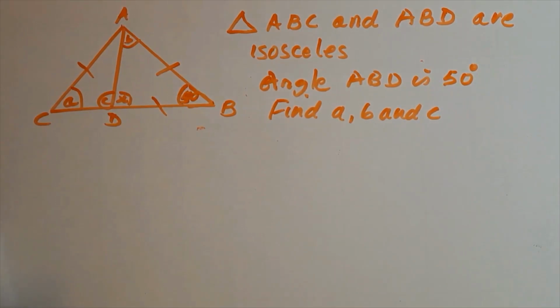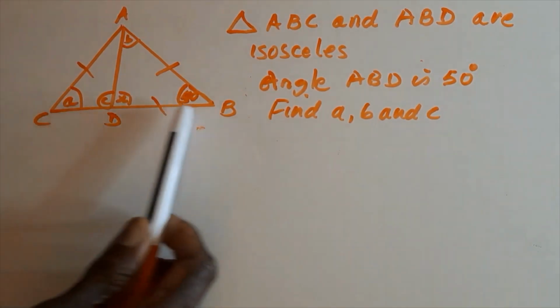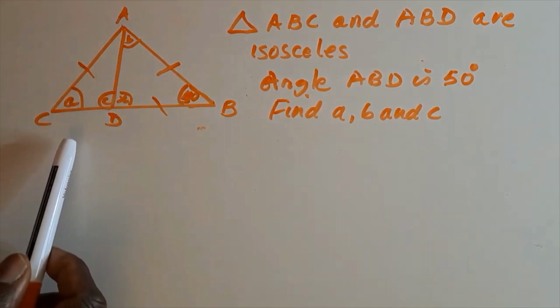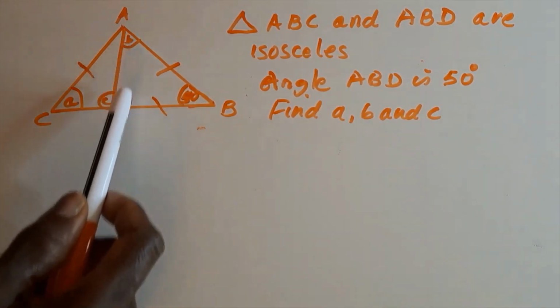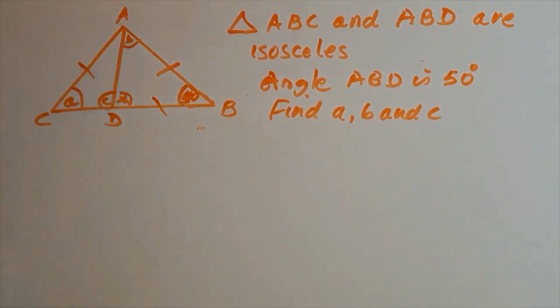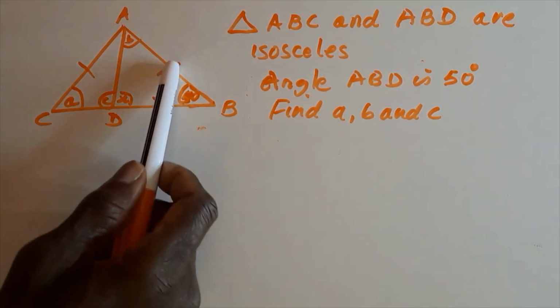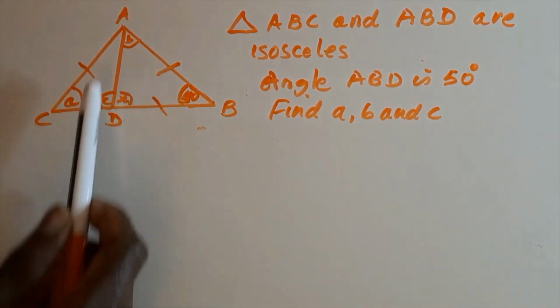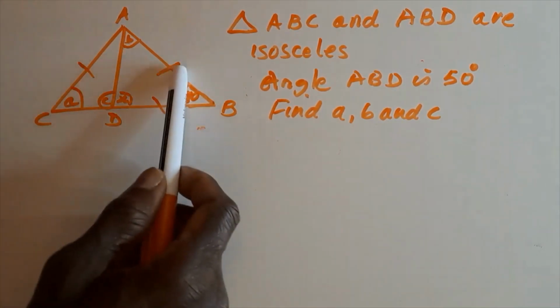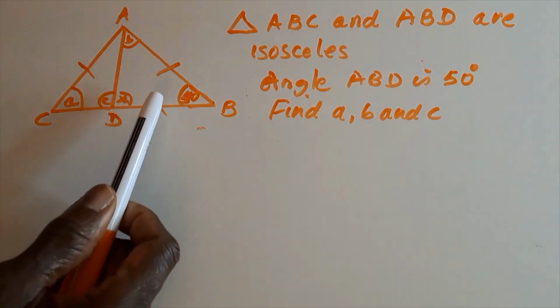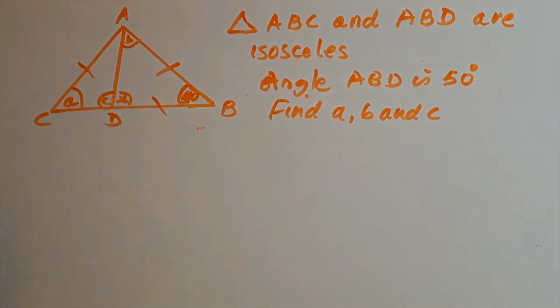So we know that we have opposite angles here that are equal for ABC, and for ABD we'll have these opposite angles equal, because these two sides correspond and they are equal. So in ABC, these two sides are equal. In ABD, these two sides are equal, meaning these two angles are equal.